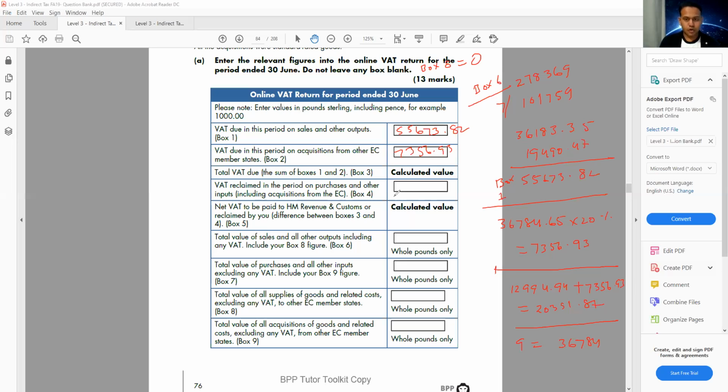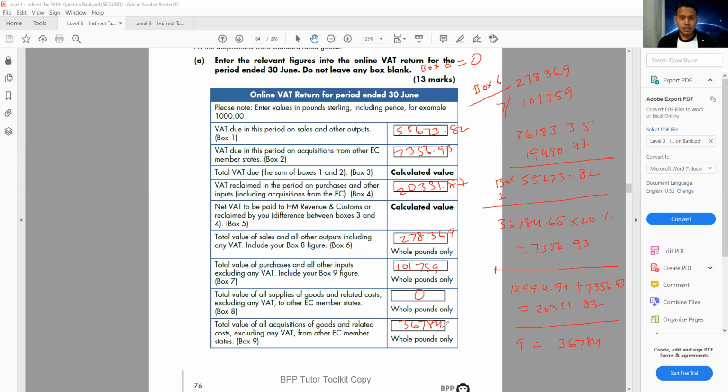Box number 4, we have 20,051.87. Box number 6, the total sales, is 278,369. Box number 7, we have 101,759. Box number 8, we have 0. Box number 9, we have 86,007.